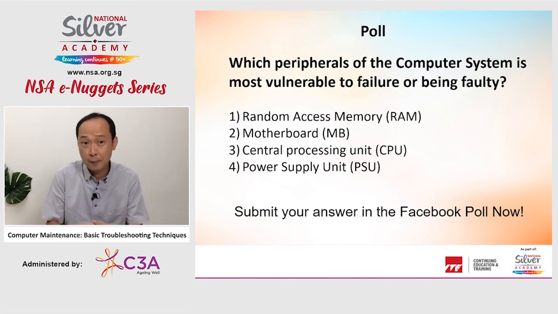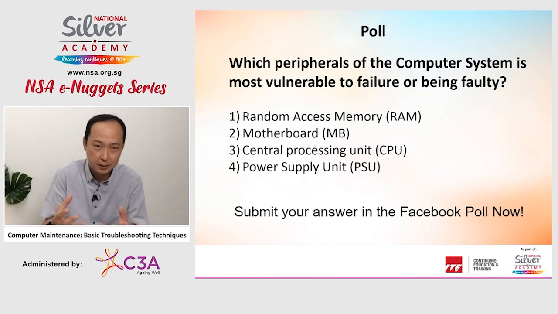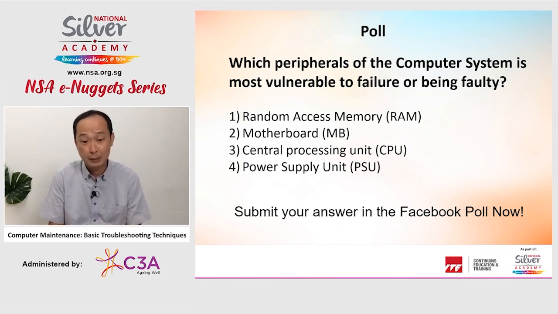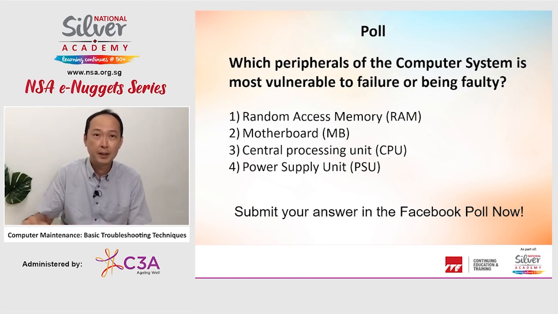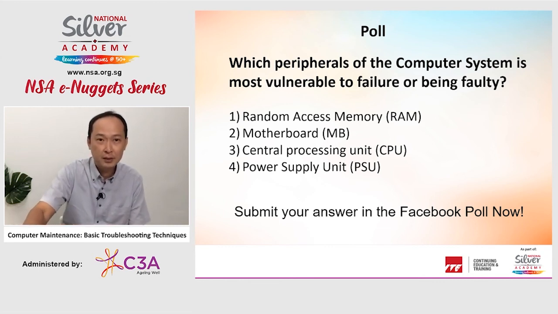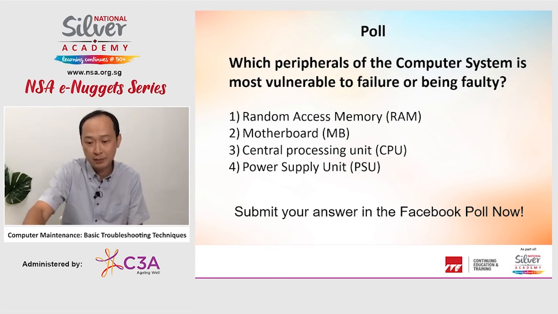Being faulty means they spoil after a year, two, three or four years. What is the most common? First, random access memory, or RAM in short. Then motherboard, then central processing unit, and power supply unit. Submit your answers through Facebook now, while I go through the slides with you.